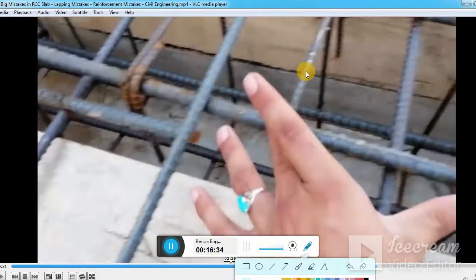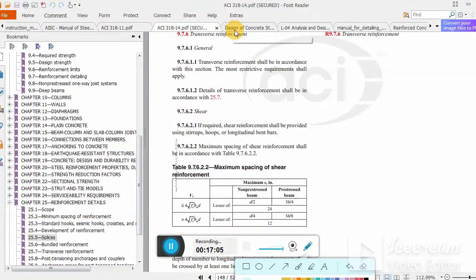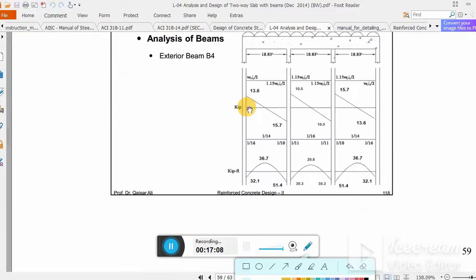So in that case, the person who is saying that non-uniform spacing is needed is wrong. We need to provide a uniform spacing in that case. We say provide 12 inches center to center spacing to all stirrups. So in that case, we get a uniform spacing.